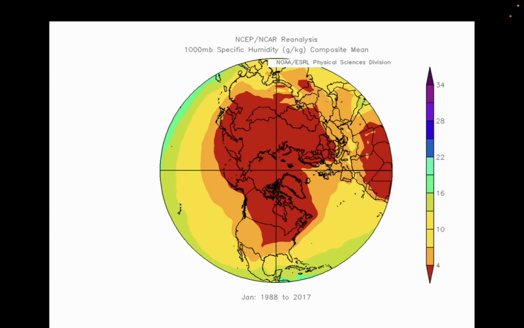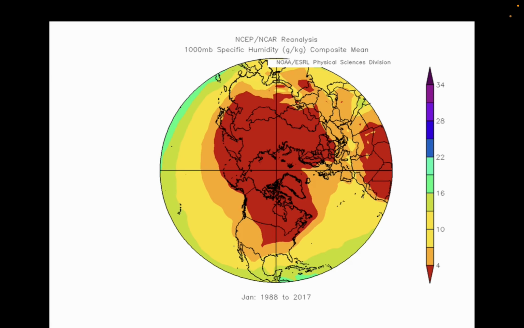And again, if we look at the changes in specific humidity throughout the year, typically January is the driest month. While not necessarily the driest, the specific humidity is very low.